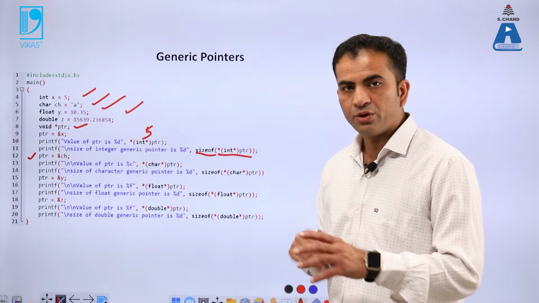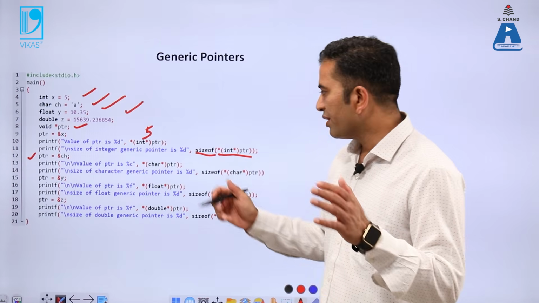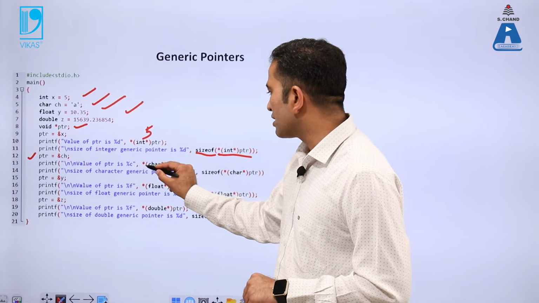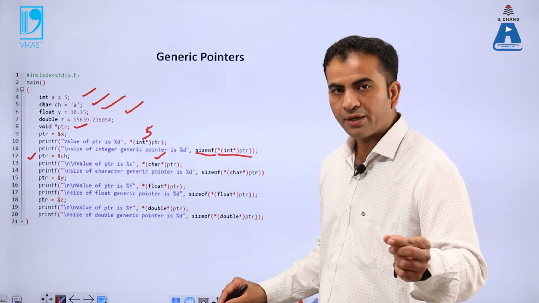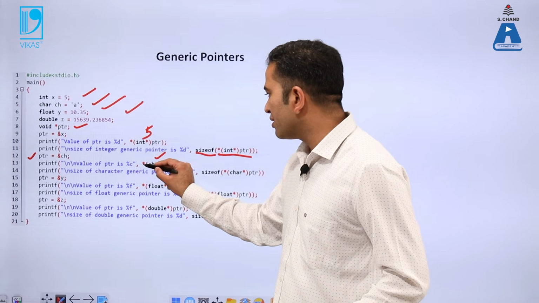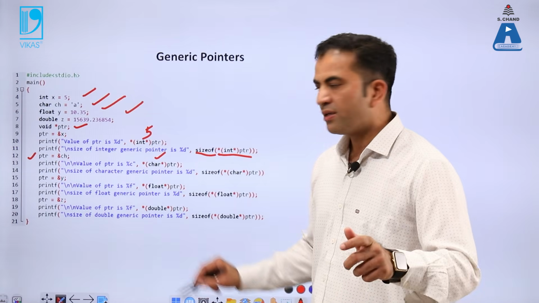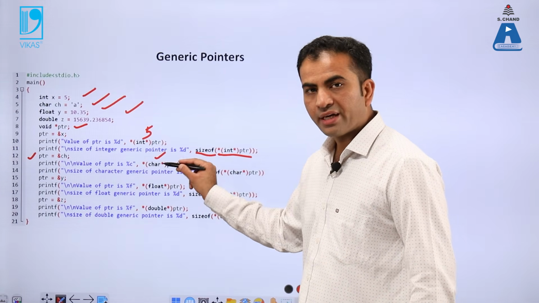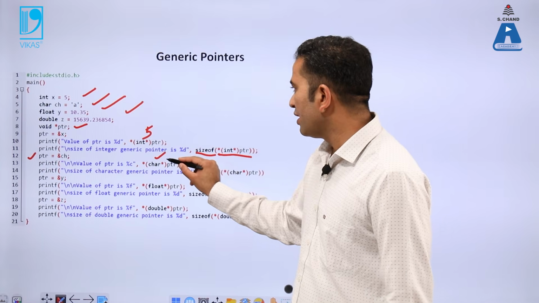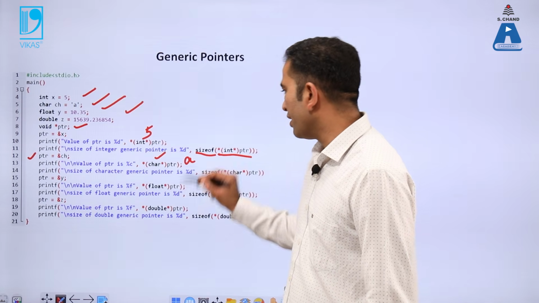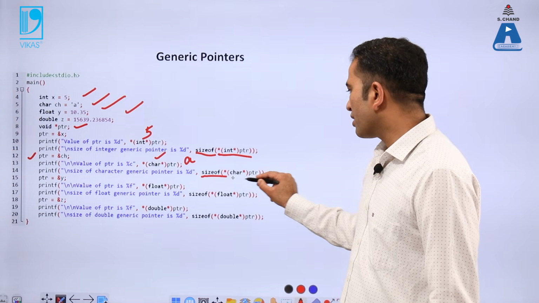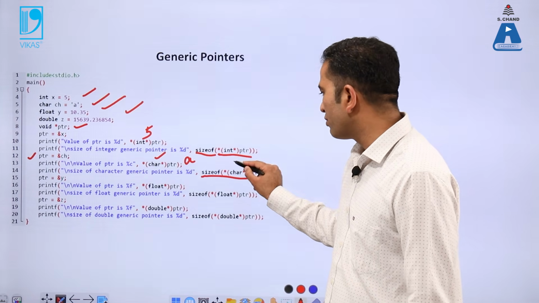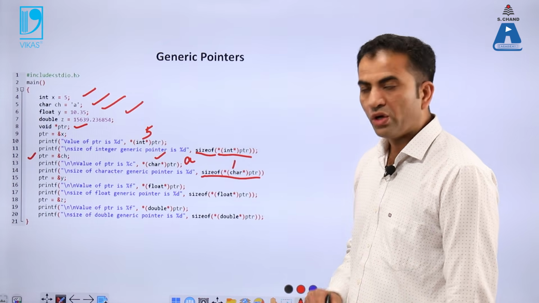Now if we need to print the value, we need to do the typecasting, (char *) is a typecasting of the generic pointer into the character type, and this star is dereferencing the address and getting the value. So it will print a here. Then again we will see the size. The size of a character is 1 byte, so it will give us the output 1 byte.